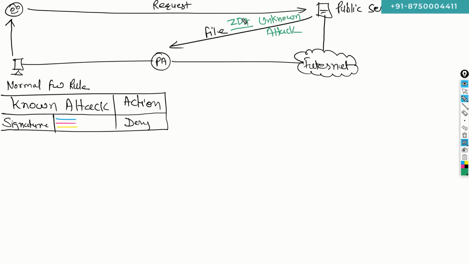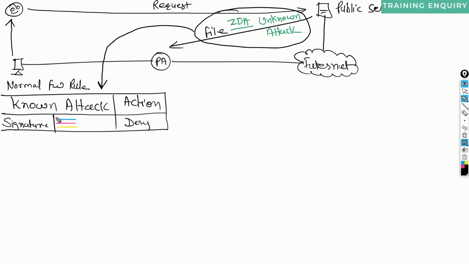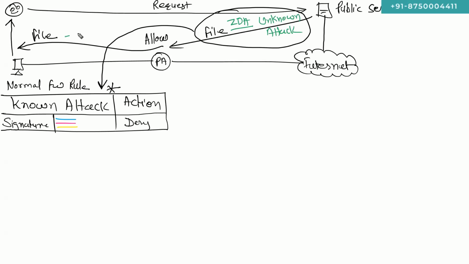Now, the file with a zero day attack will arrive at the firewall. The firewall will match it with the database, not matching. Then this file will be allowed, and this file with the zero day attack will bypass the firewall, go to the host, and the host will be compromised.